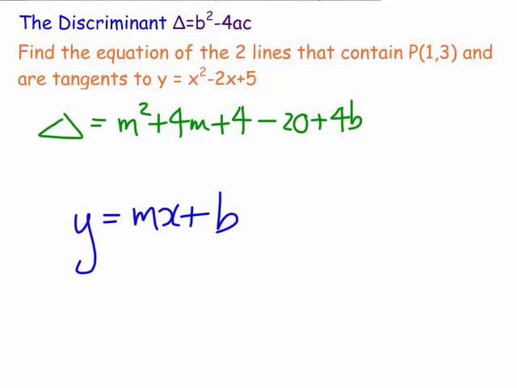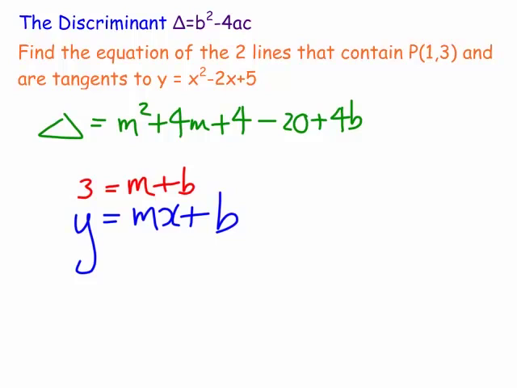So x is 1, y is 3, therefore 3 would equal 1x plus b. Sorry, that shouldn't be 1x, it should be just an m there. That's m here.